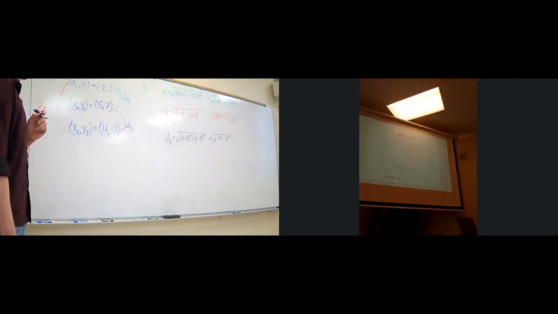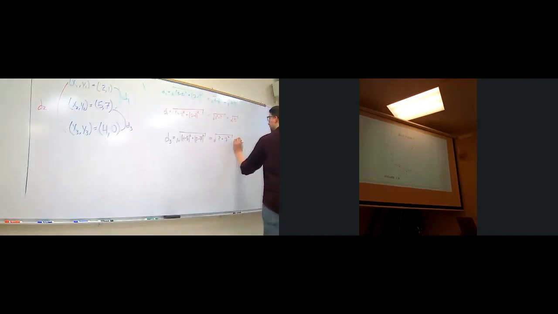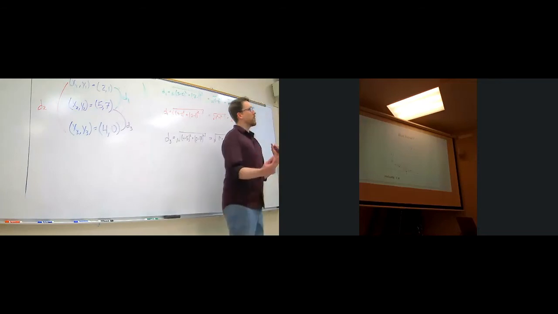Assuming I didn't do anything wrong here. So 7 squared is 49, so we get the square root of 50. That's fine.